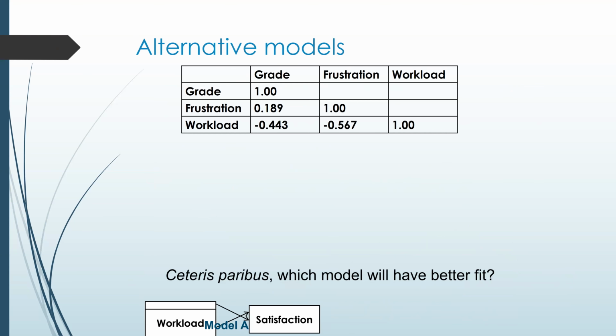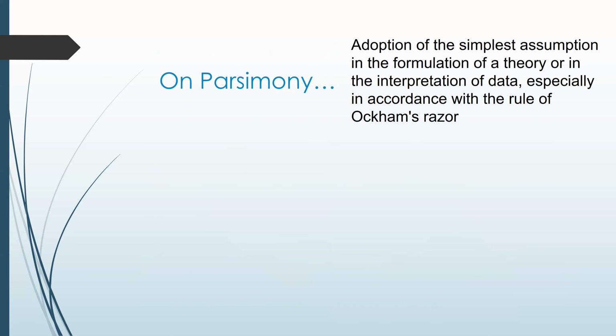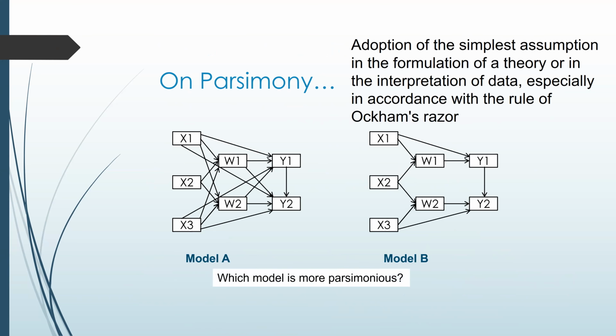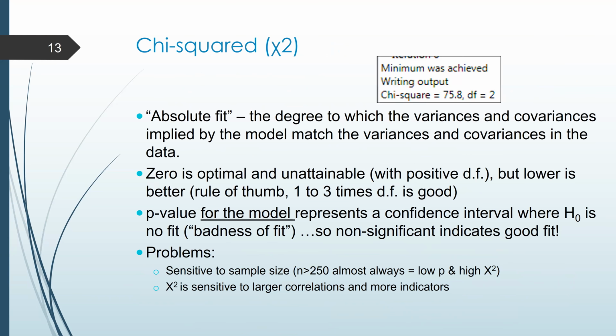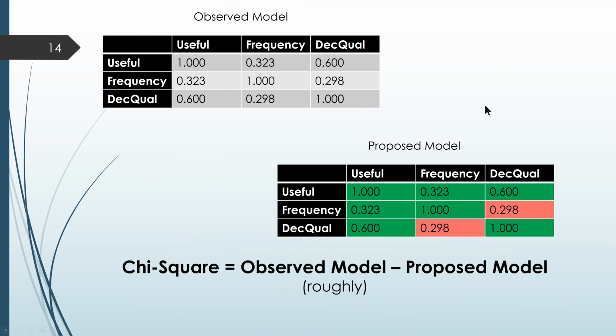I wonder if, one moment, I skipped that. Okay, but essentially model fit is taking the observed model and subtracting the proposed model. Notice in this example, the green is what we've accounted for. The red is what we've not included a parameter for.